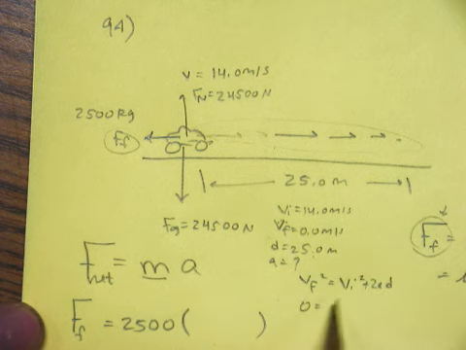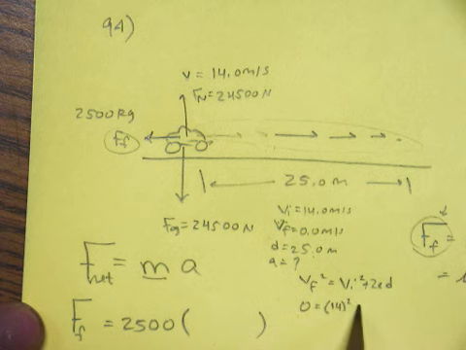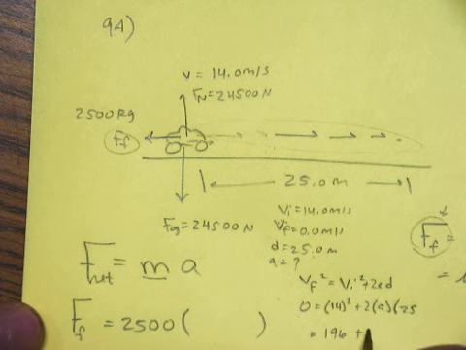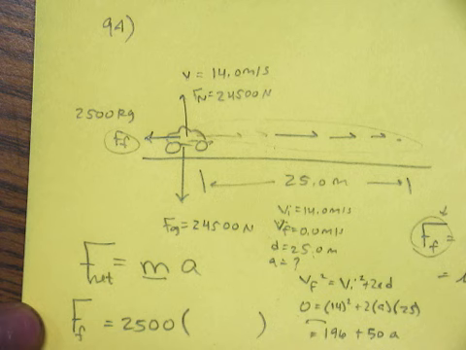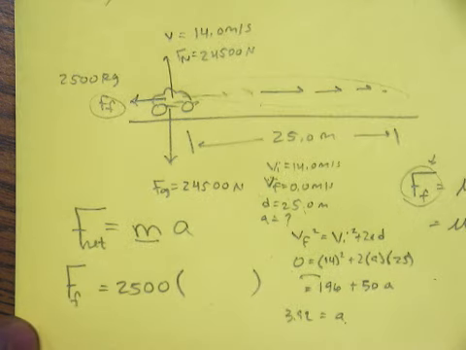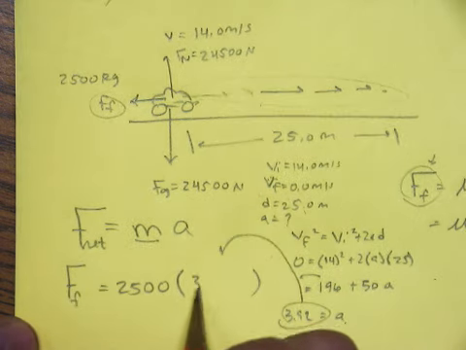So 0 equals 14 squared plus 2 times acceleration times 25. 14 squared is 196, plus 50A. So I move this over, and the acceleration is 196 divided by 50, which is 3.92. So there's my acceleration.